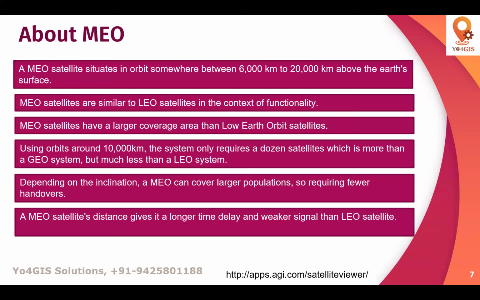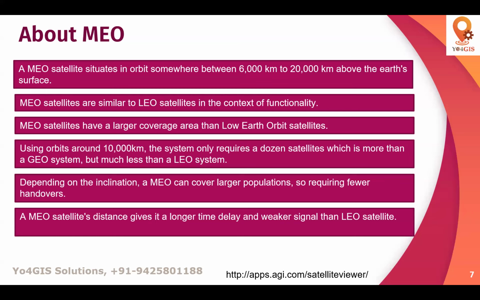Functionality wise, MEO and LEO satellites are almost the same. But the important thing is, whenever we are talking about the accuracy and the clarity of the data, then using the LEO satellite we are getting more clear data as compared to MEO.